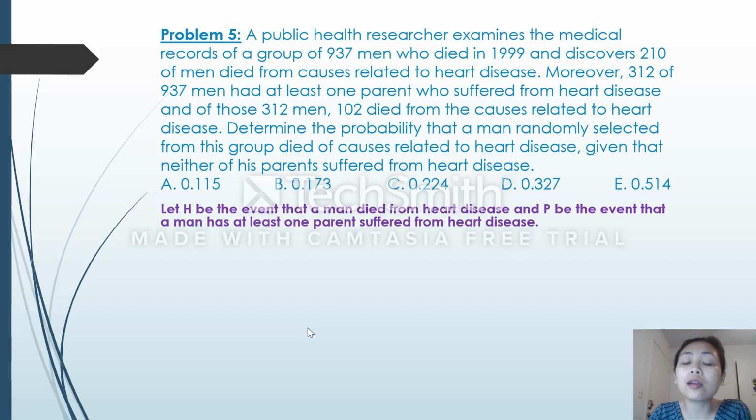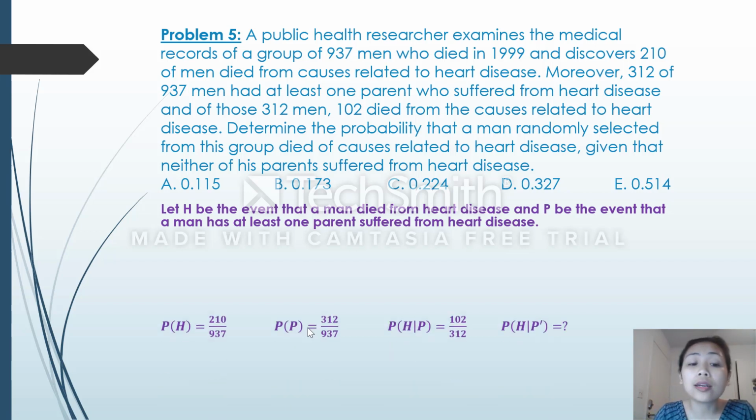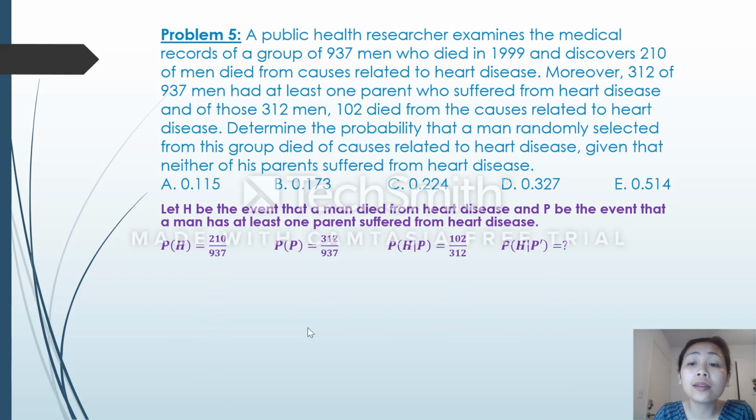Next, moreover, 312 of the 937 men had at least one parent who suffered from heart disease. So the probability of P is 312 over 937.